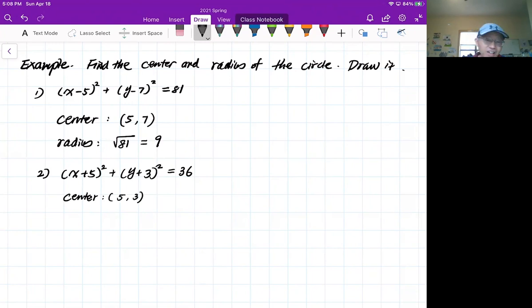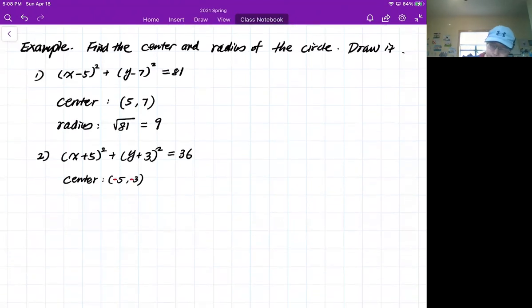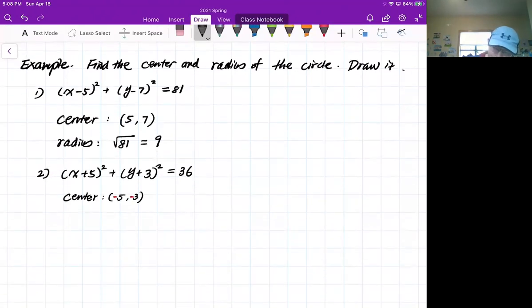If you write 5 and 3, that's not right. You have to take the opposite of that, like the previous part here. So don't forget the negative signs. So it's -5, -3. Don't forget that. And then the radius, that's easy. It's the square root of 36, that's equal to 6.